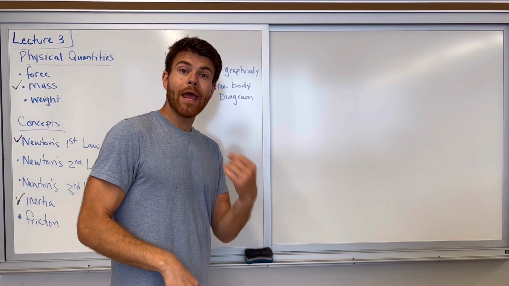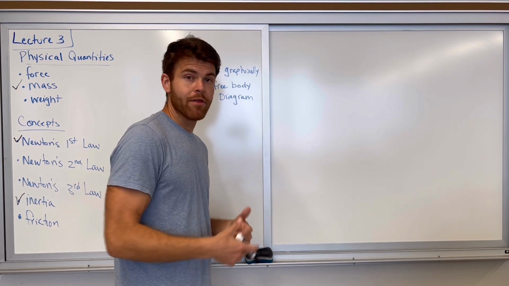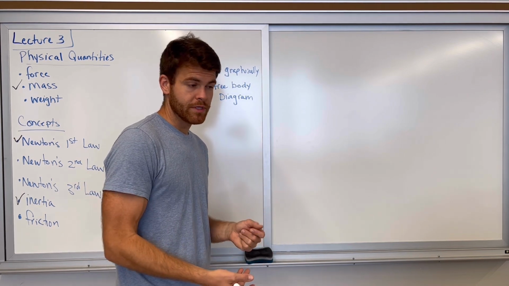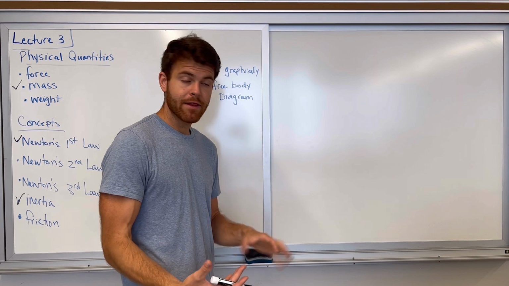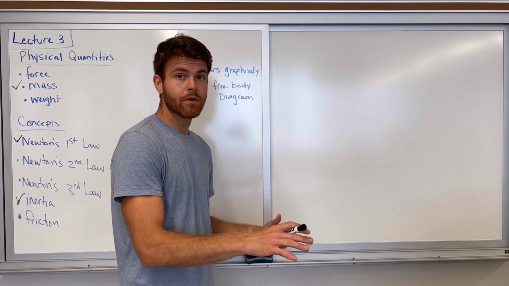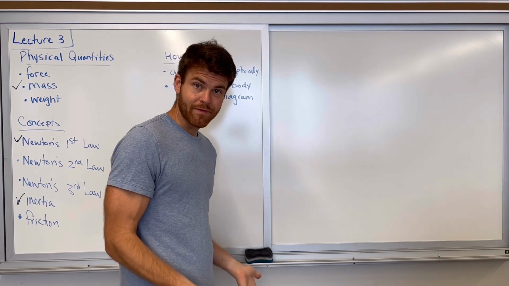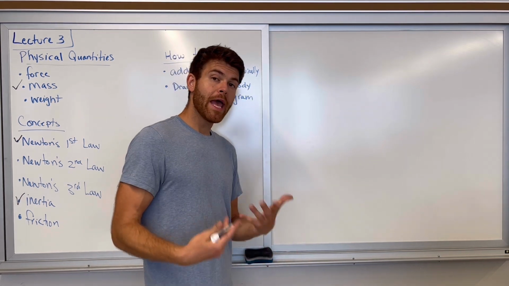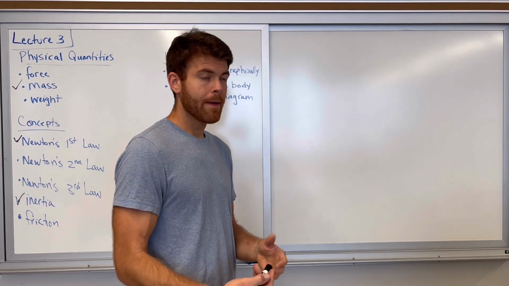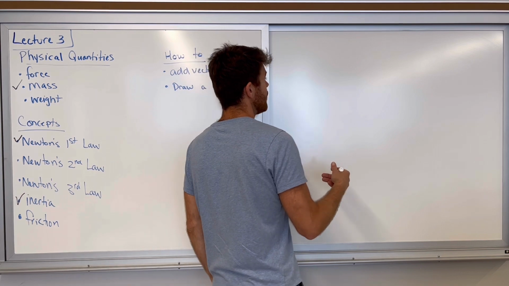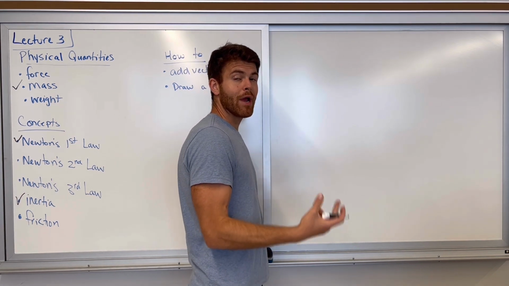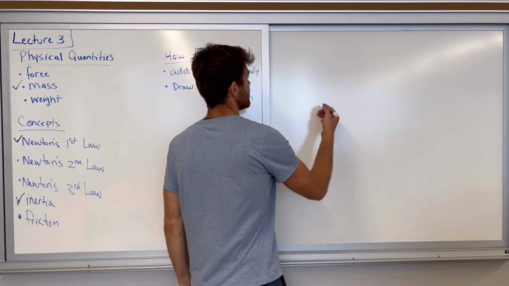Vectors don't add together simply arithmetically like other quantities do. Like if you want to add mass together, 5 kilograms plus 2 kilograms, that's simple, 7 kilograms. Vectors don't add like that, because they have not only that magnitude, but they have the direction. So how do we take the direction into consideration?